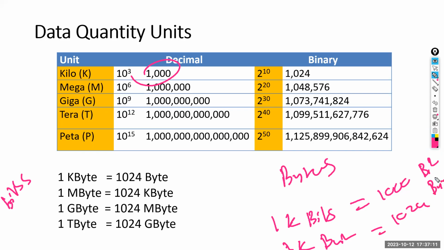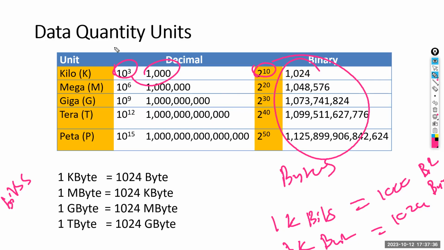So don't use this approach when it comes to bits. Bits is still not broken into portions of eight. When someone says kilobyte, it is 2 to the power 10 byte, 1024 byte. But when someone says kilobit, that is 1000 bit.